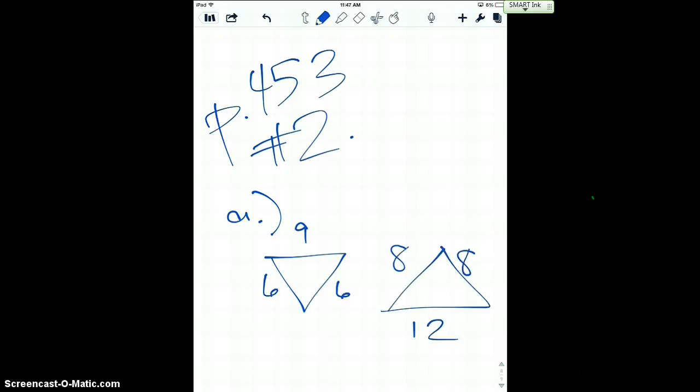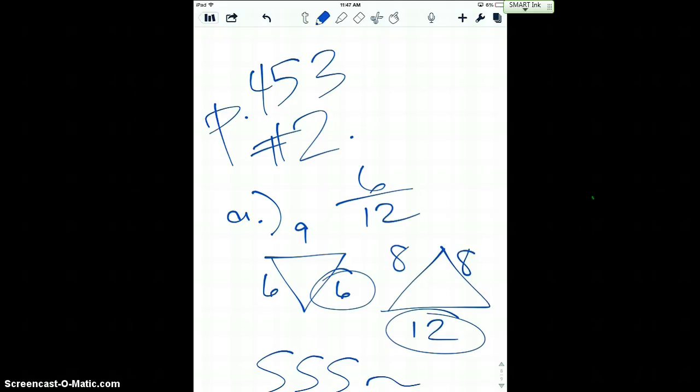So right away my mind goes to side-side-side similarity, and I'd have to make sure that that's true. So I'm going to see if the sides are in proportion. So I'm going to go 6 goes with 12, just as 9 goes with, 6 does not go with 12. 6 would go with the 8 because that happens twice, just as the 9 goes with 12.